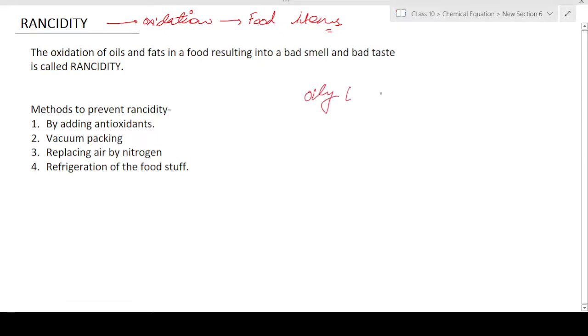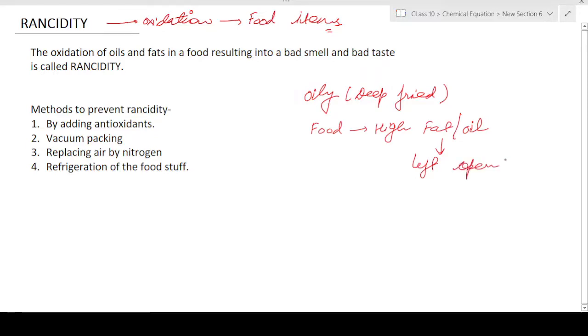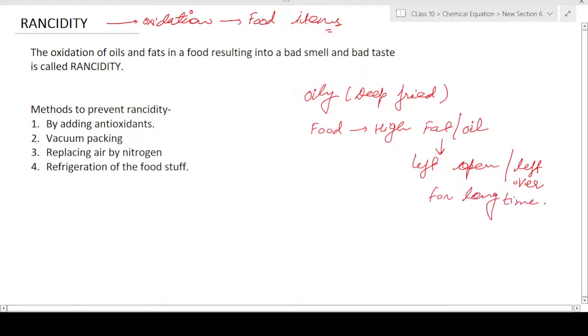or they are deep fried, or there are food items which have a high amount of fat or oil in them. If they are left open, or if they are left over for a longer time, then what will happen?